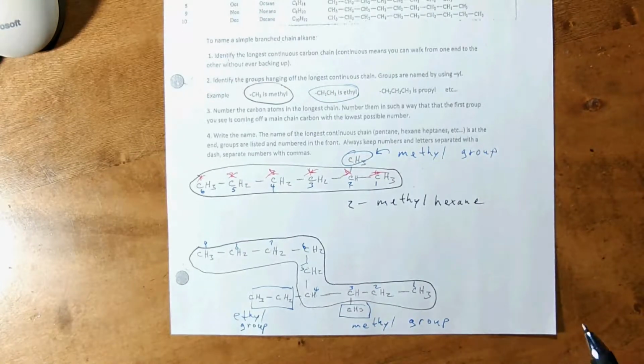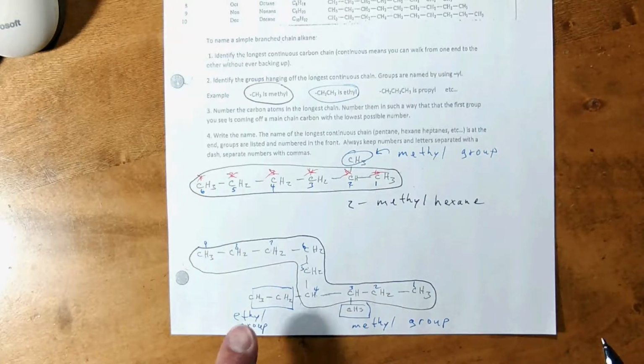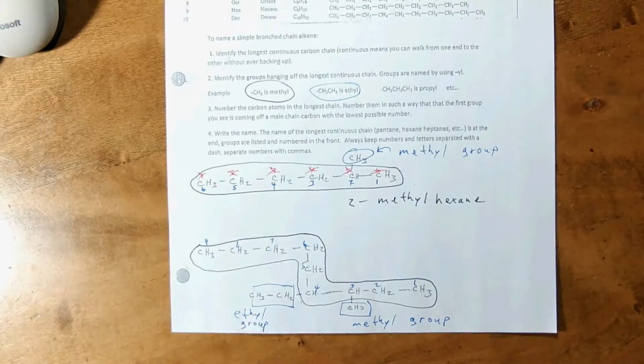Well, it's actually going to be 4-ethyl, 3-methyl nonane. Why did I put the ethyl first? The rules. We got lots and lots of rules. The rules say list the groups alphabetically. So ethyl comes before methyl.